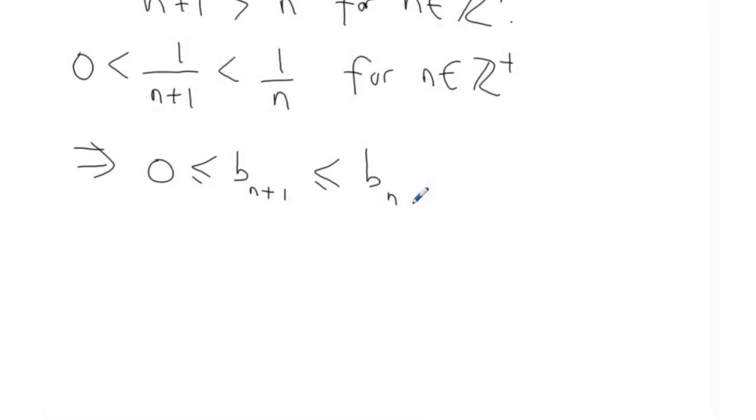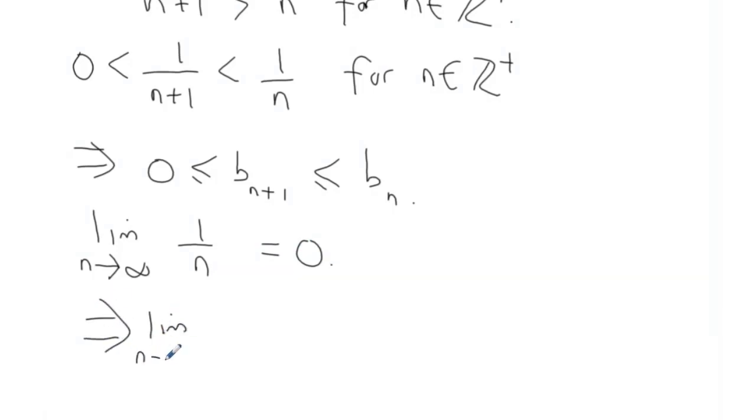The second one, we need to consider the limit as n approaches infinity of bn. bn is just 1 over n. And that's definitely 0, of course, as n approaches infinity, 1 over n approaches 0. So that shows us that the limit as n approaches infinity of bn equals 0. So now if we go up, we can see that we've met both criteria.